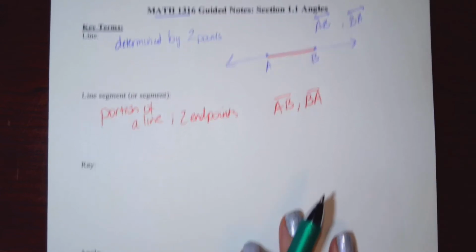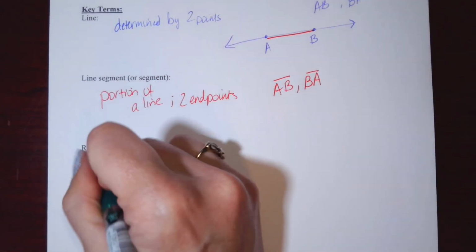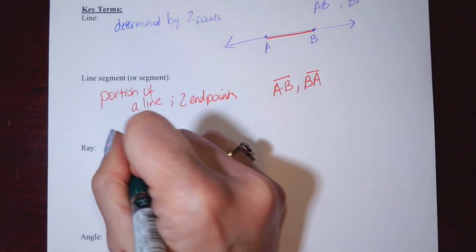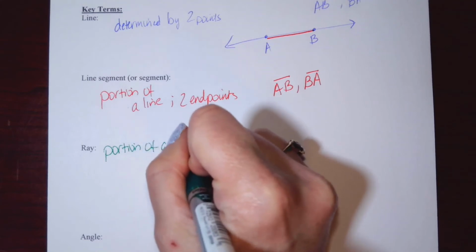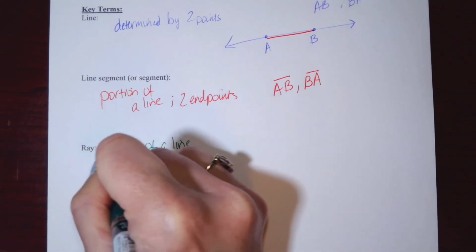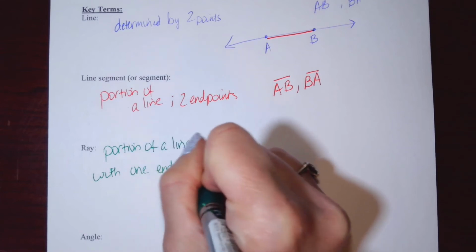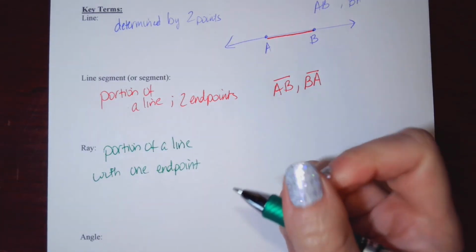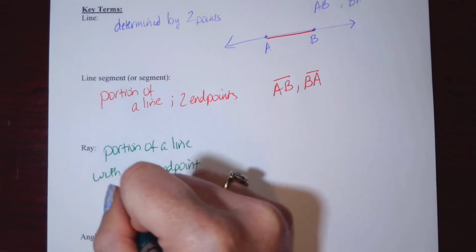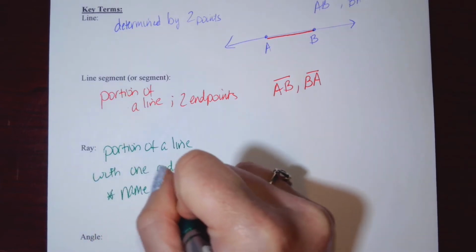And then we have a ray. A ray is a portion of a line with 1 endpoint, which means it moves forever in one direction. When we name a ray, we name it with the end point first.